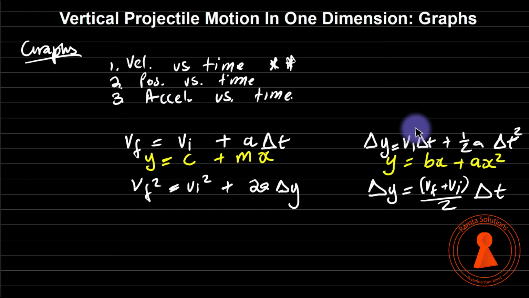Now the relationship of acceleration versus time, because we're using gravitational acceleration, which is a constant, will always be a constant line, but don't worry, we will get there. So remember I said today we're looking at velocity versus time.